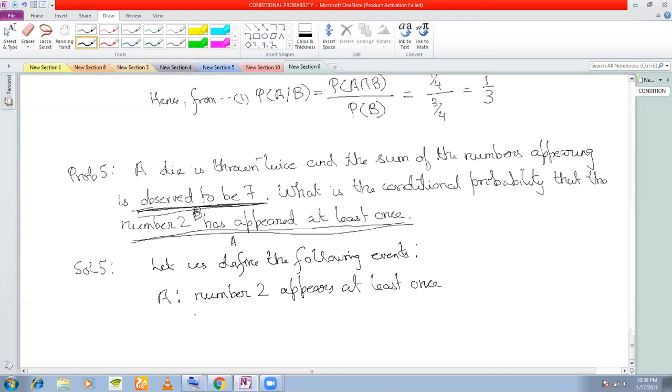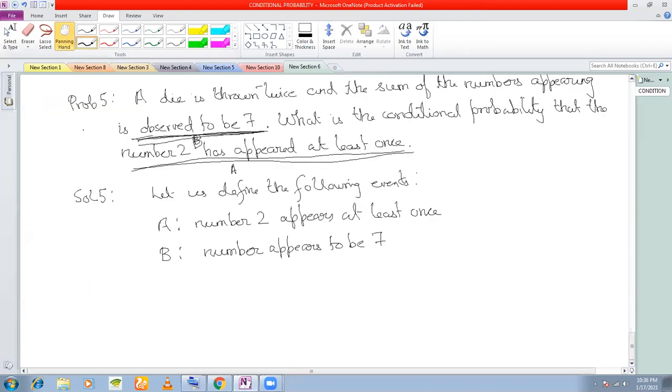And what is the event B? Event B is that the number observed is 7.